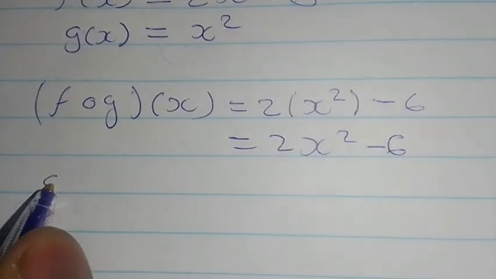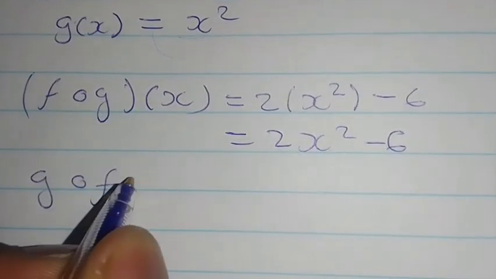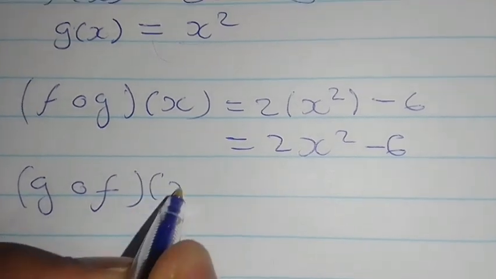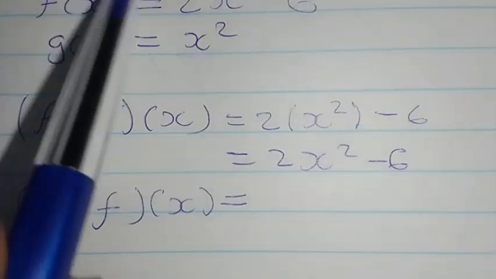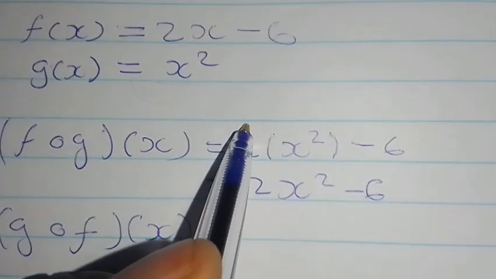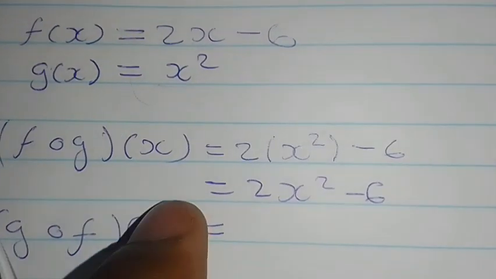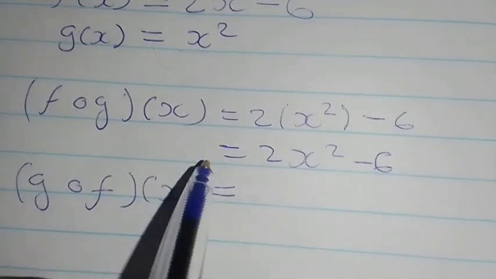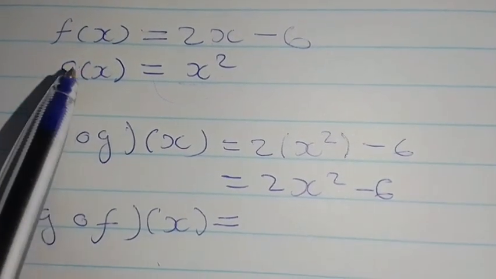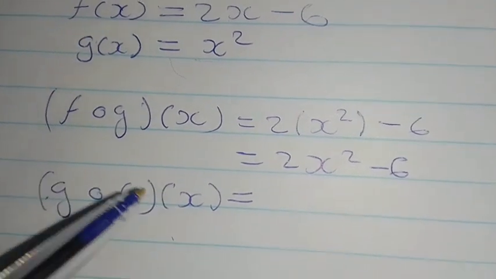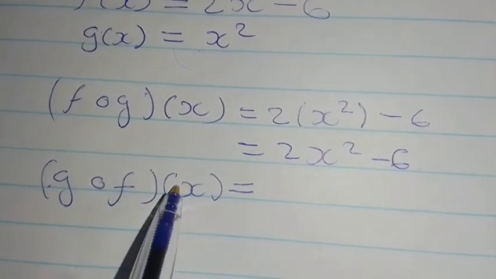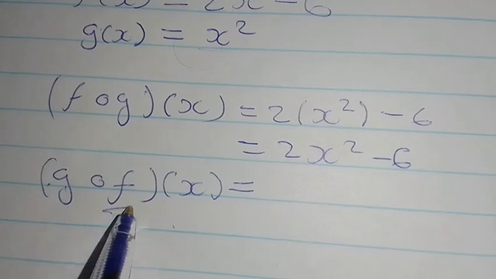But then we can also have that in reverse, g compo f at x. This is where you have to be careful in multiple choice questions, because you can swap this and, if you work it out incorrectly, the option will be there. Now, this means that where there is x in g, listen to me very carefully here, where there is x in g, you substitute f.